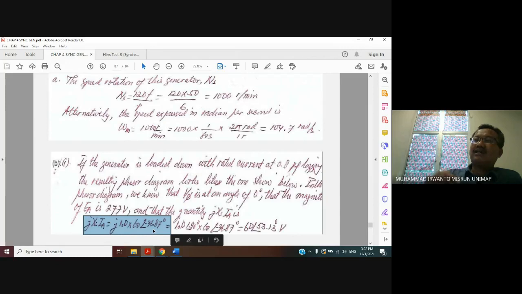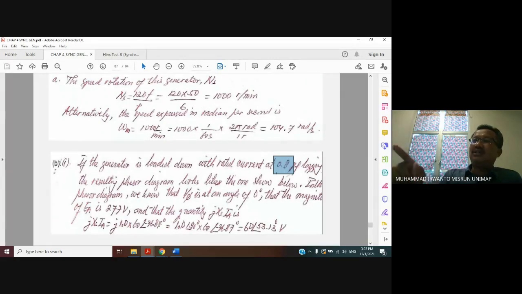Meaning current lags voltage by how many degrees? The degree can be obtained because this power factor is 0.8. The angle theta is equal to cosinus inverse 0.8. Now we obtain 36.87.